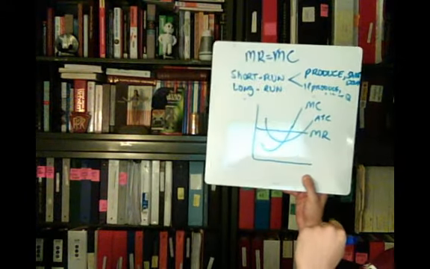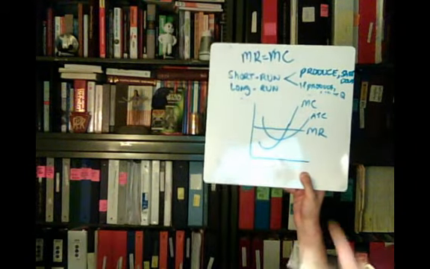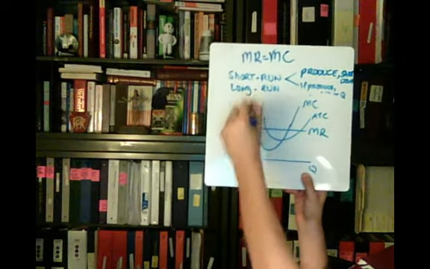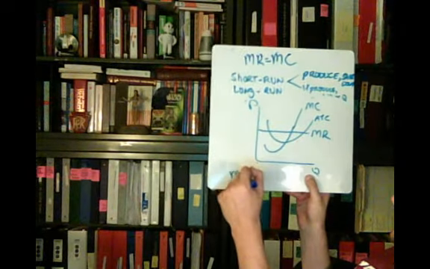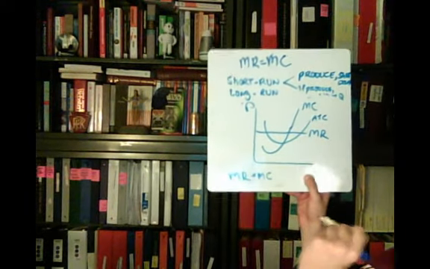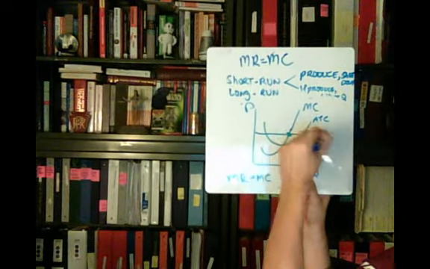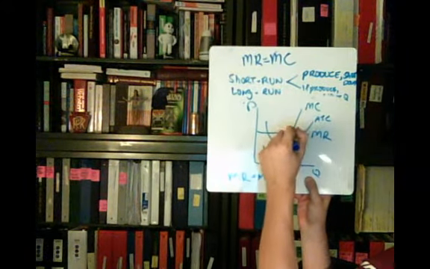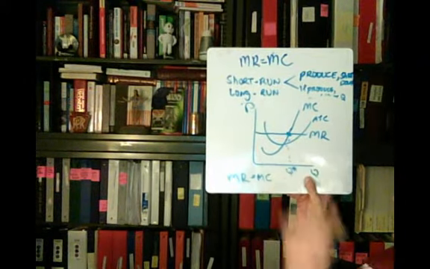Well, if the picture looks something like this, first thing that we do is we find what quantity it would be, right? What would the quantity be? To do that, we find where marginal revenue is equal to marginal cost. That would be this point right here, the marginal revenue equal to the marginal cost. So this firm should be producing Q star.